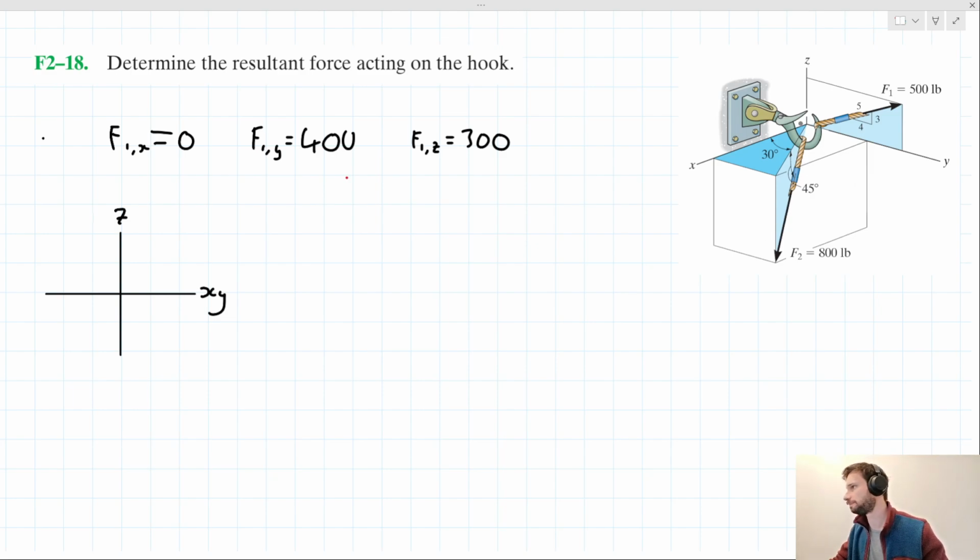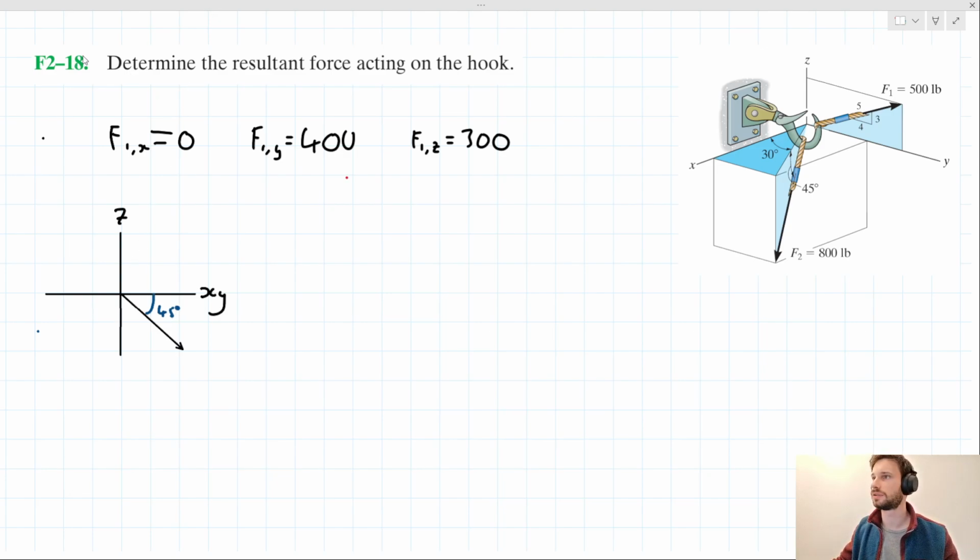And evidently, it's acting in the negative Z direction, and it has a 45-degree angle with the Z plane. So if we wanted to show this on our axes, it might look something like this, right? Where there's this 45-degree angle here. Let me just label that up, 45 degrees.